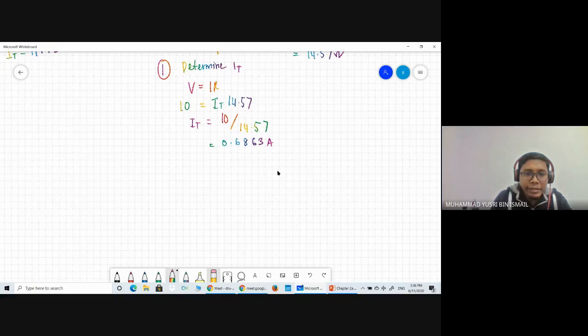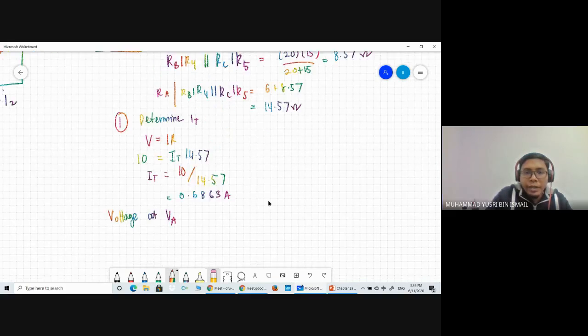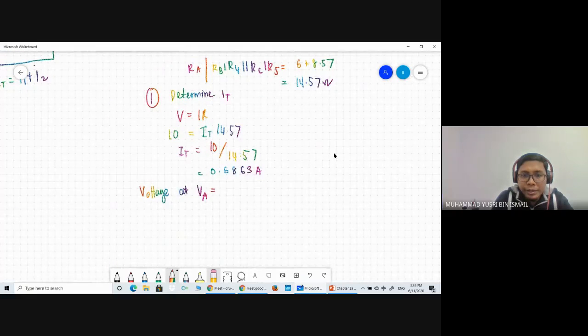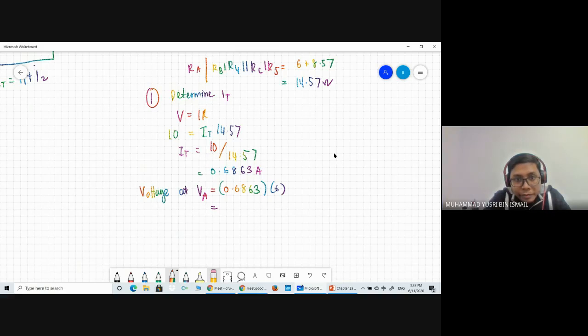So you can calculate the voltage at VA. Voltage at VA will be equal to 0.6863 times the resistance. Resistance in this case RA is 6 ohm. So 4.1178 volt.